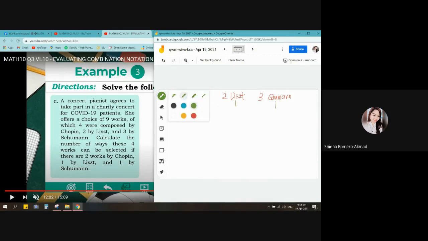So, what is our solution here? That's combination of 4 taken 2 at a time. Then combination of 2 taken 1, and combination of 3 taken 1. So all we have to do is multiply. What is 4C2?